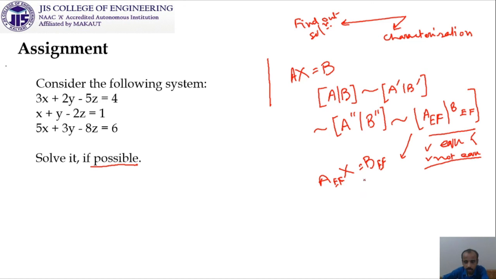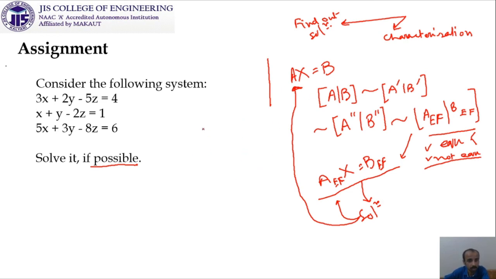From this, if you convert it again into a system of linear equations, it is A echelon form x is equal to b echelon form. The solution you get from this is the solution of this system, but you are claiming it is also the solution of the original system. How are you claiming? You are claiming it because this system and that system are the same.